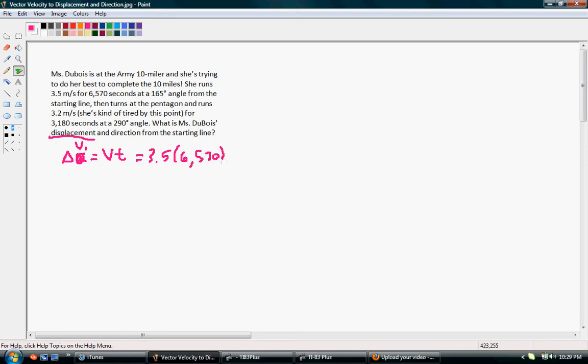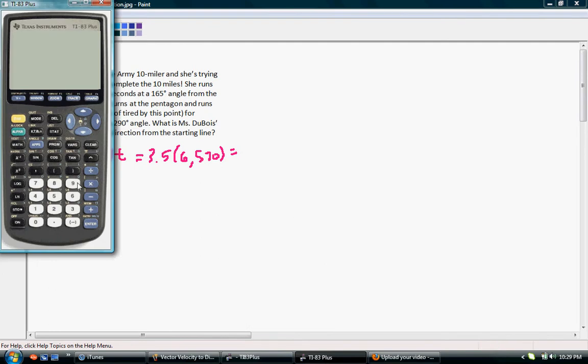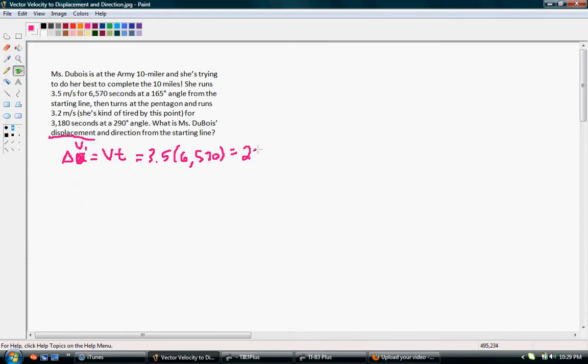6,570. And we get 22,995 meters. Okay, and then our second vector, vector 2, will be the velocity times time for the second part, which is 3.2 meters per second, a little bit slower because I'm assuming I'll be a little bit more tired by that point, times 3,180 seconds.